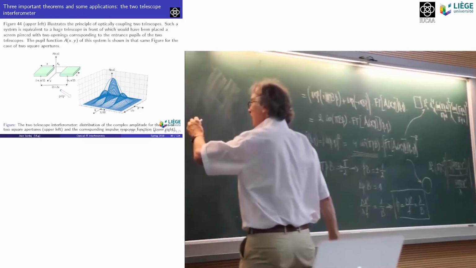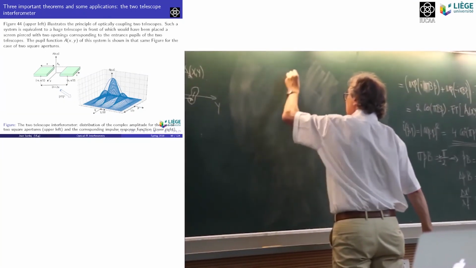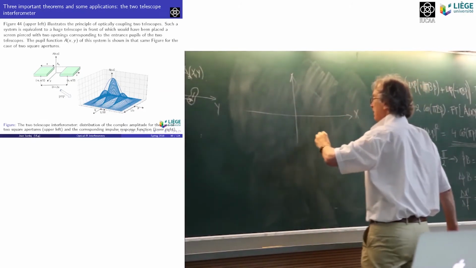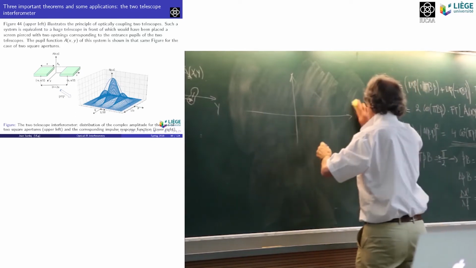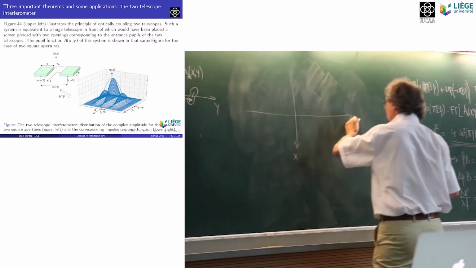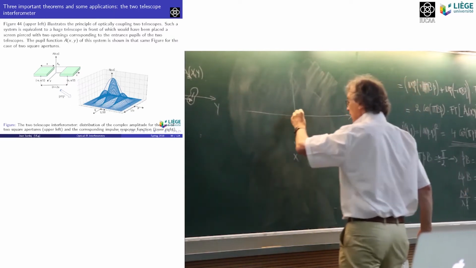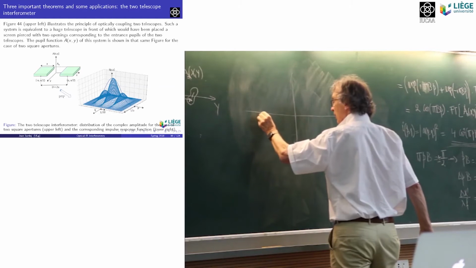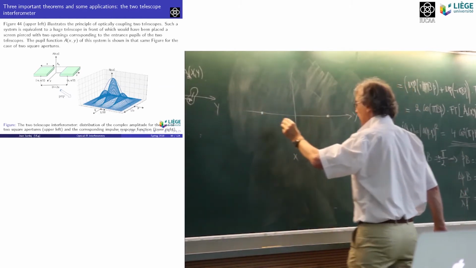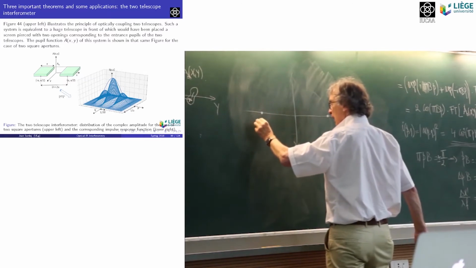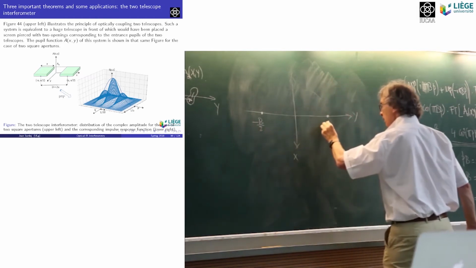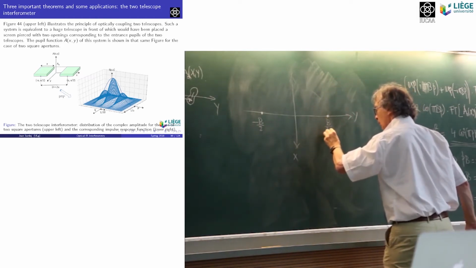So let's assume that I represent here the x, y axes like that. Now I take here the center of one aperture, here's the center of the second aperture. Now this will be minus b over 2. This will be b over 2.